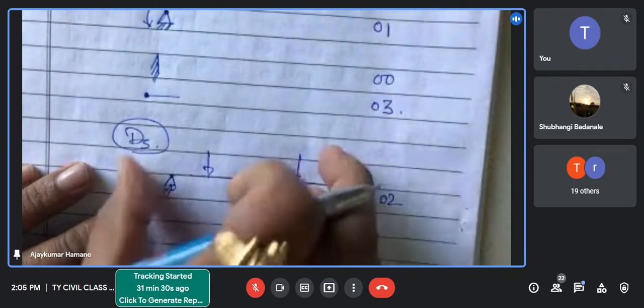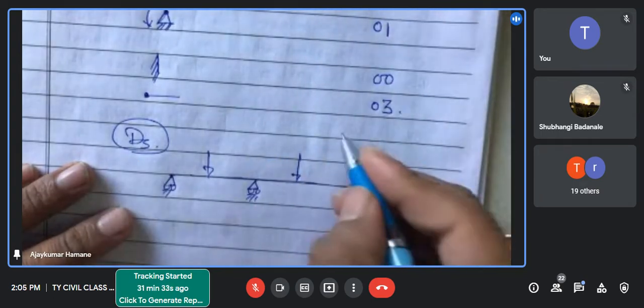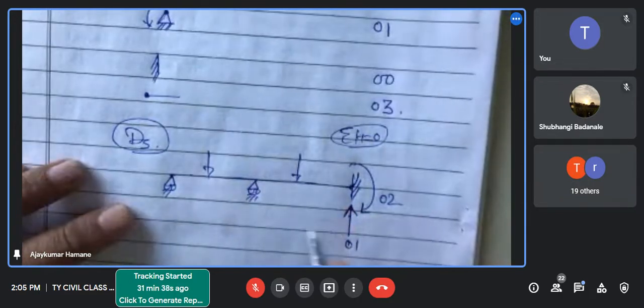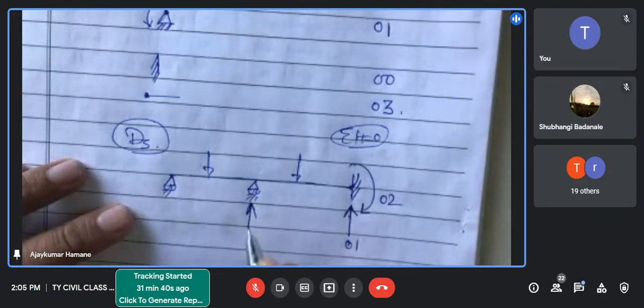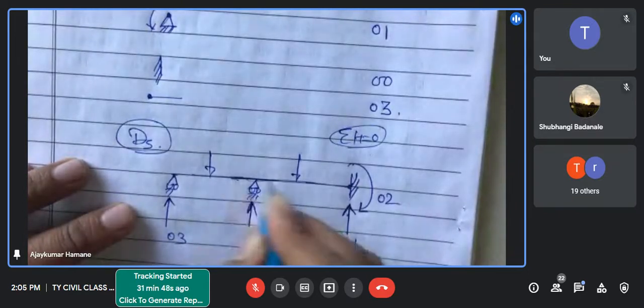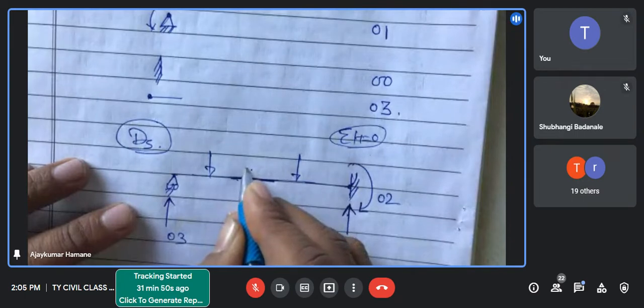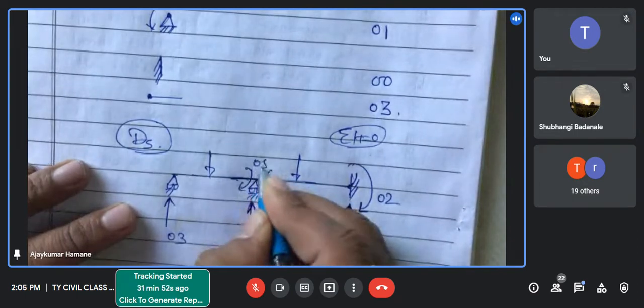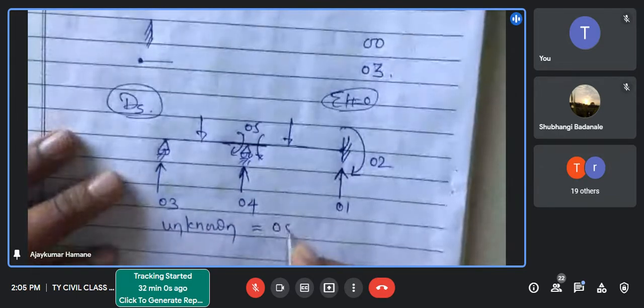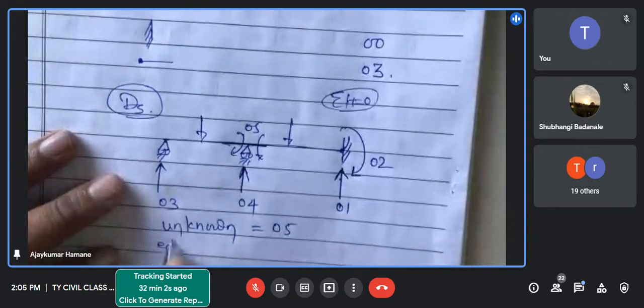I'm not taking horizontal because we have only the vertical loading, so summation of H equals 0. Then there is one vertical reaction here, and since this is a continuous beam, we have another here. How many unknowns do we have? Five, correct. How many equilibrium equations? Yes, anyone?